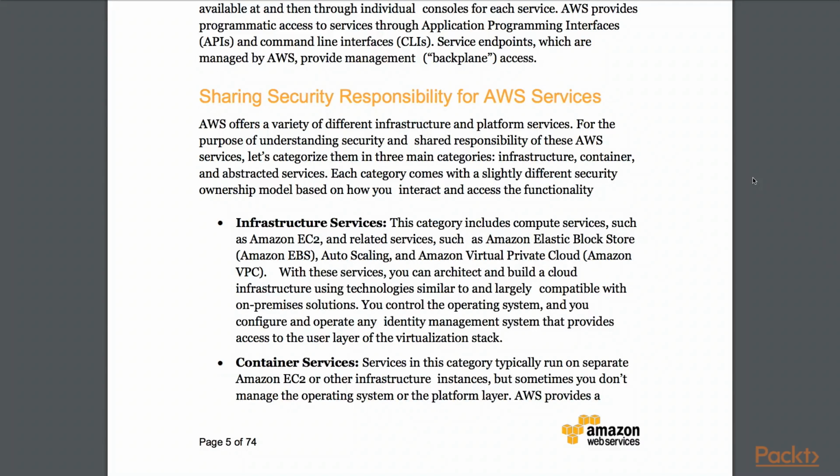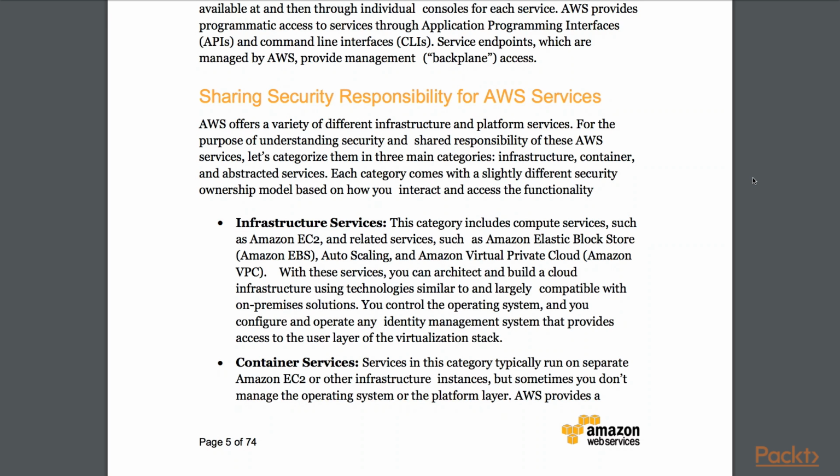Let's look at the AWS shared responsibility models for the different types of services that AWS supports. First of all, there are the infrastructure services, and they include compute services such as Amazon EC2, as well as EBS, autoscaling, and Amazon Virtual Private Cloud.